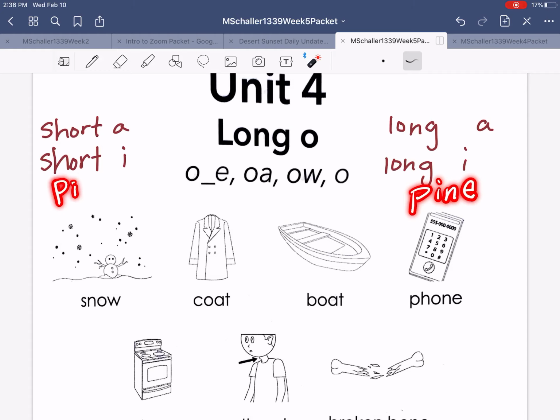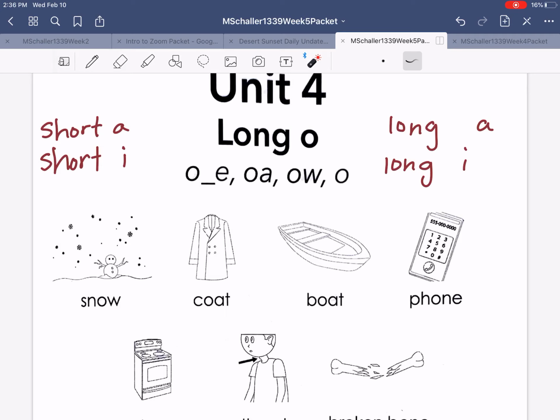So pin, only one vowel, the I, so the sound is I, because only one vowel. Here in pine, two vowels, the I and the E, so the I changes and the sound is I, like pine. So short I, pin, long I, pine.